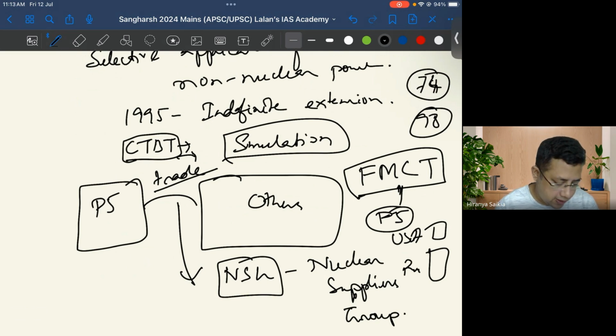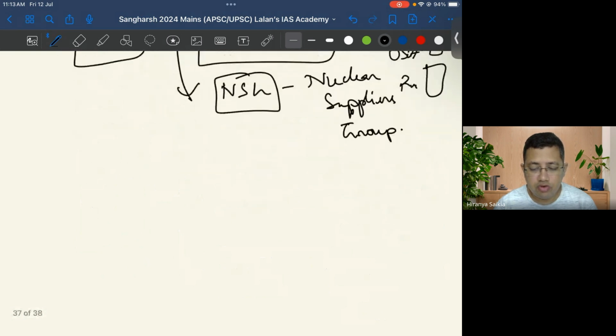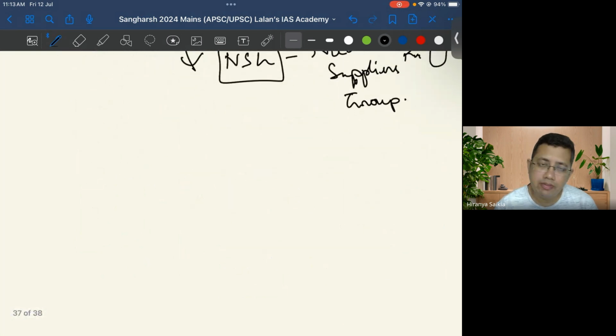India in 1998, as I told you, demonstrated its weapon capability and showed the world that it is a nuclear weapon power. Although we have always said that we are a responsible nuclear power, we do not believe in nuclear weapons as a weapon of war.